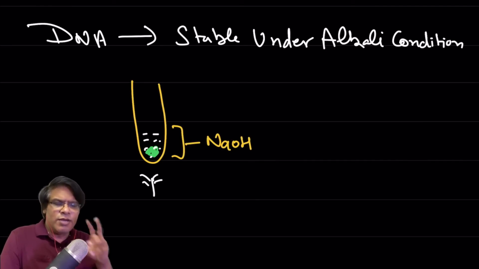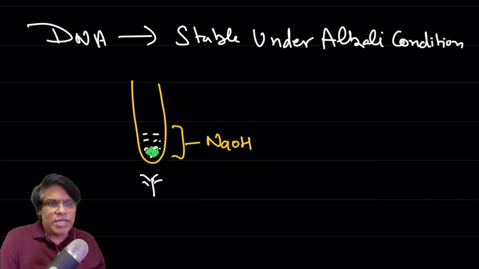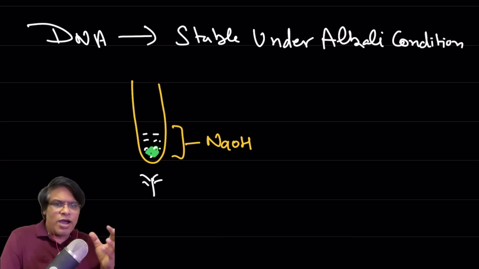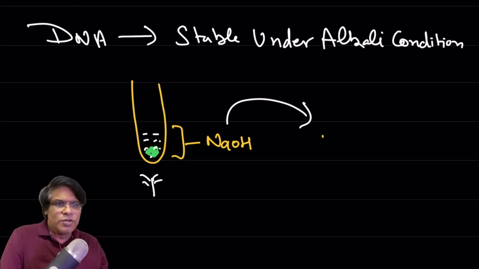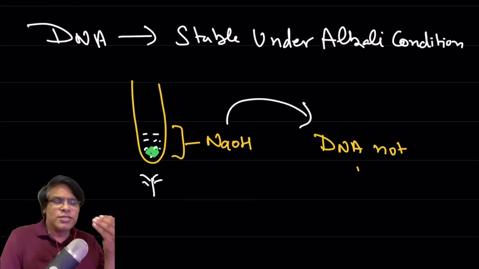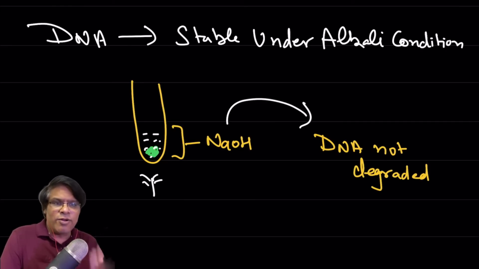Yes, if it is double-stranded DNA, it will get denatured, both strands will separate, but upon cooling it will again renature. Nothing is going to happen to the DNA. DNA is stable. So keep in mind, DNA is stable under alkali hydrolysis.